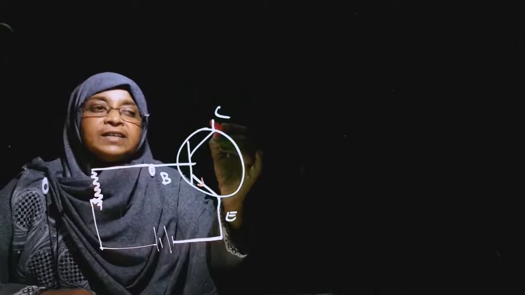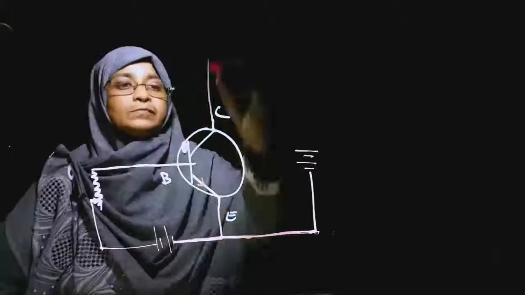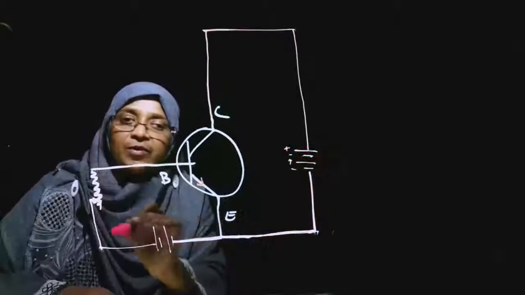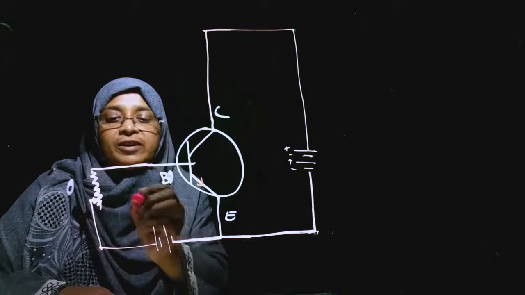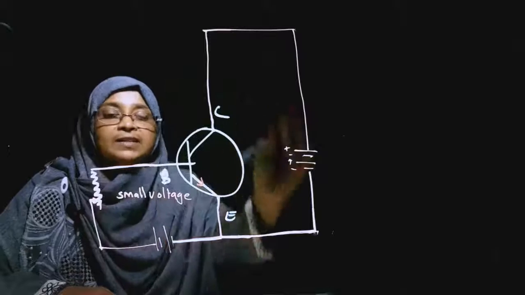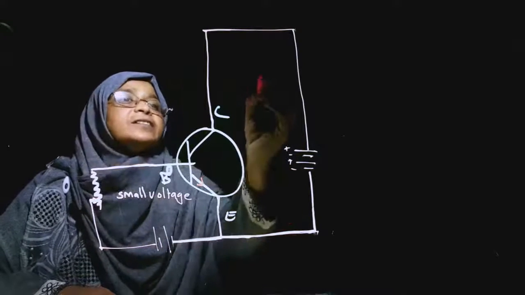The collector should be reversely biased. The base emitter junction is forwardly biased and supplied with a small voltage. The collector is reversely biased with a high voltage.